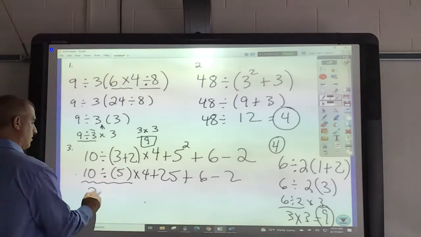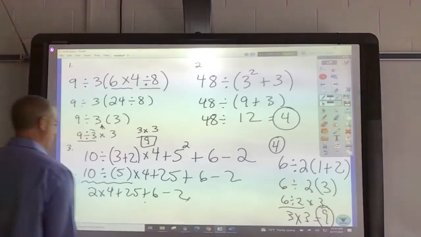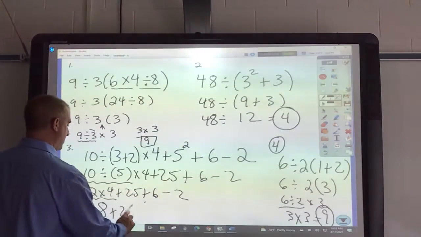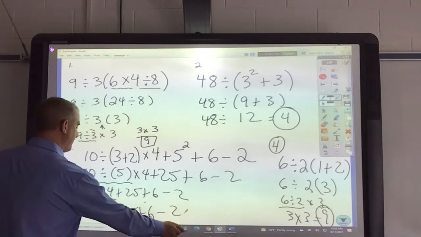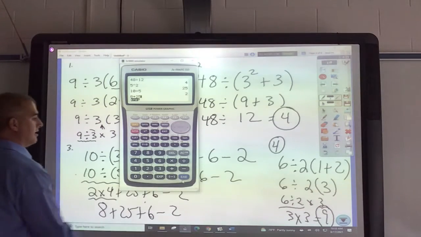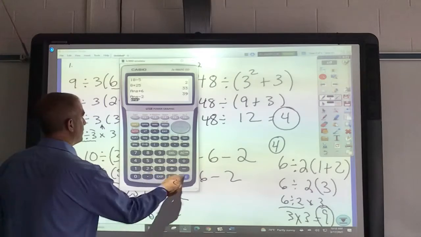That gives me 2. 2 times 4 plus 25 plus 6 minus 2. Okay? I would do this multiplication next. 2 times 4, 8. Okay? All right? So 8 plus 25 is 33 plus 6, 39 minus 2, 37.